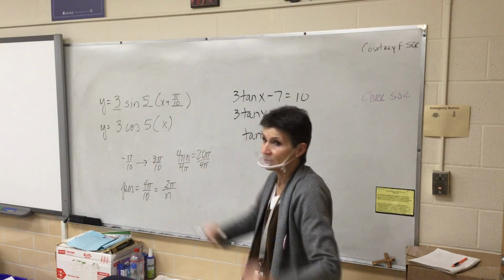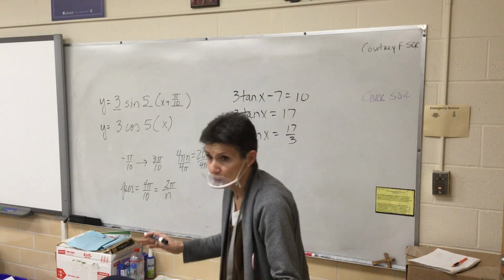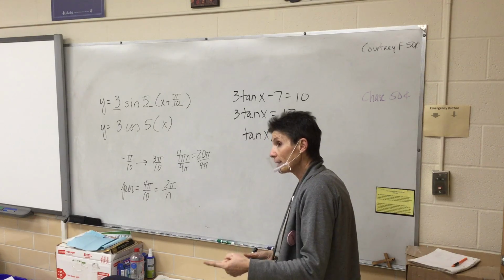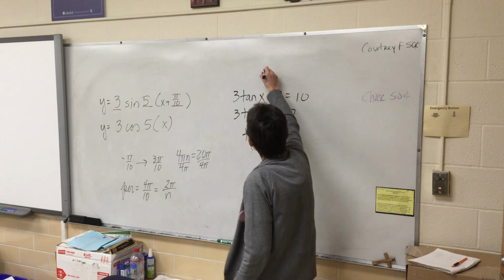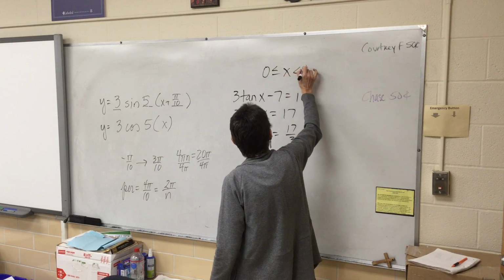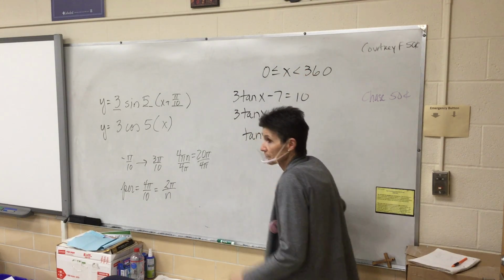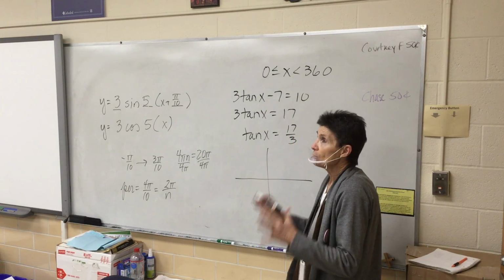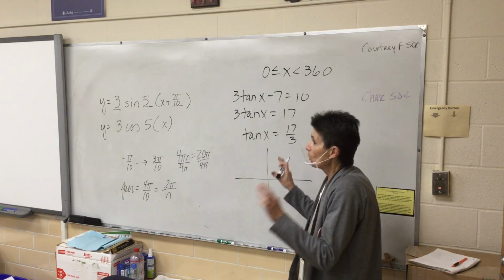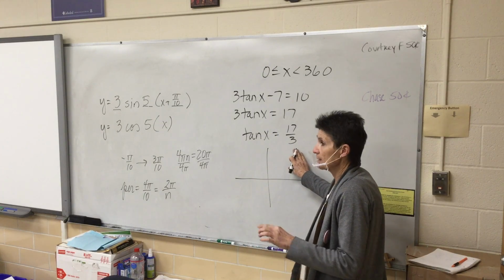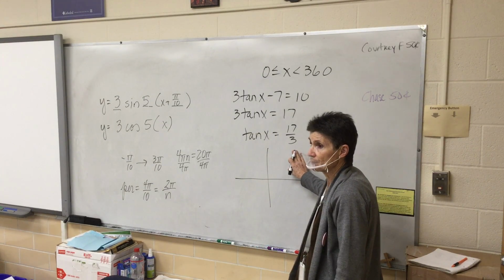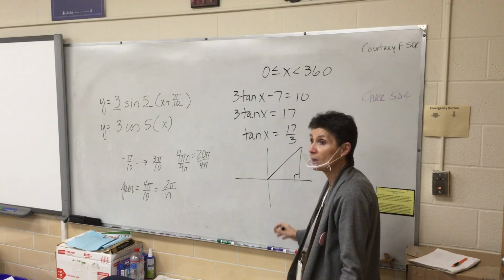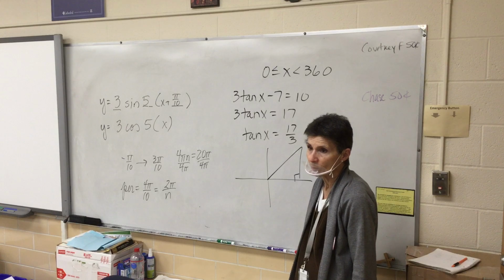Now, certainly 17/3 is not like root 3 over 2 or anything like that, so that's why I'm using my calculator. But before I go to my calculator, you are going all the way around the circle, guys. So you have to stop and think, if I go all the way around, where could I have a tangent that is a positive number? Certainly in quadrant 1, because everything's positive in quadrant 1.